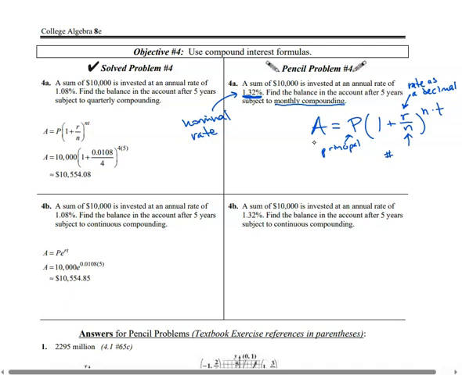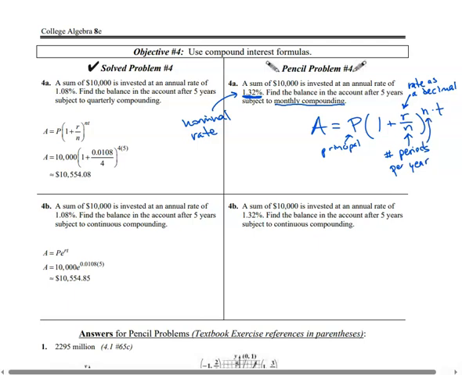N is the number of periods per year. And so that's the 12 months, so that we're taking only 1/12 of this rate of 1.32%. We only want 1/12 of that each month, so that after 12 months go by, we did 1/12 of it 12 times, so that we end up with 1.32% after a year. Number of periods per year also goes here.